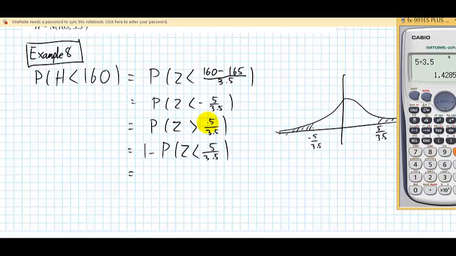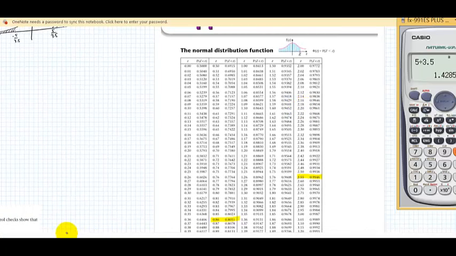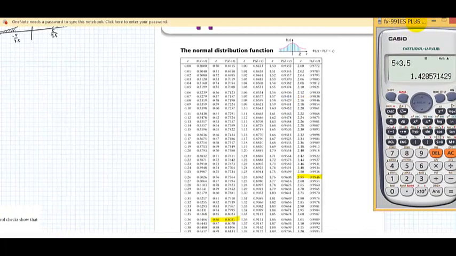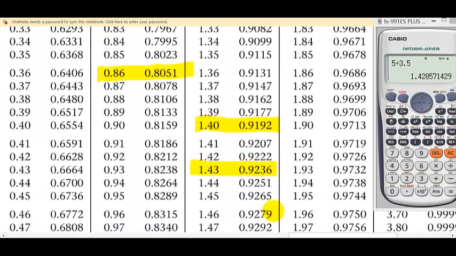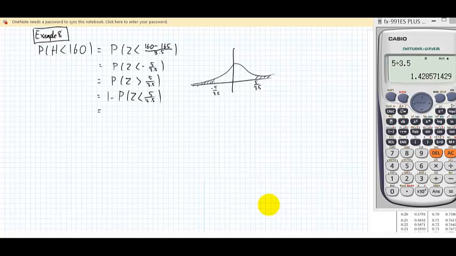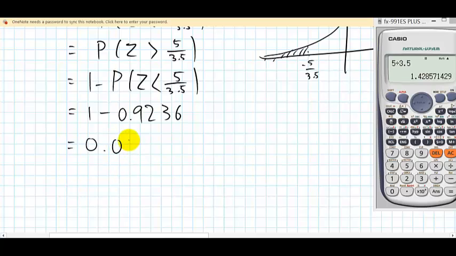So if we look this up on the table, 1.43, the corresponding probability is 0.9236. 1 minus 0.9236 is 0.0764. So that's how we do the first question.